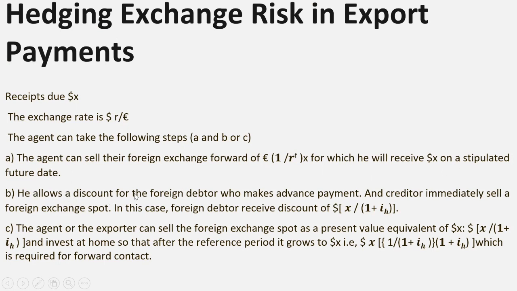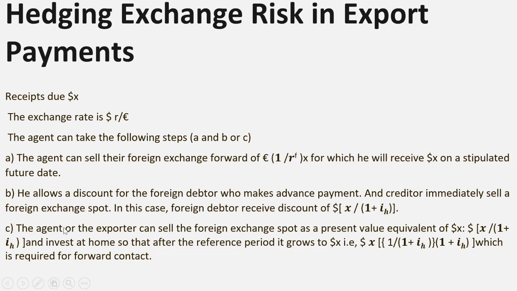He allows a discount for the foreign debtor who makes advance payment, and the creditor immediately sells the foreign exchange spot. In this case, the foreign debtor receives a discount of $X divided by 1 plus IH.